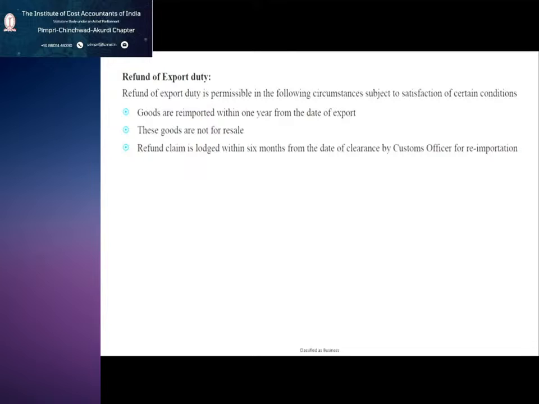The refund claim should be lodged within 6 months from the date of clearance by the customs officer. So any refund we are applying for should be cleared within a period of 6 months. These are some general points, and in detail we will see them in the duty drawback chapter.